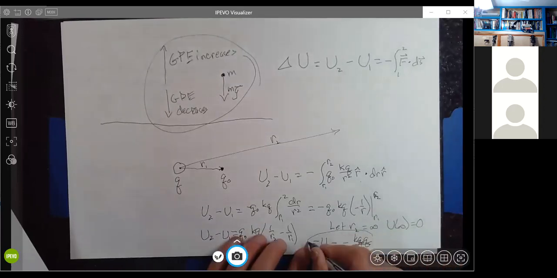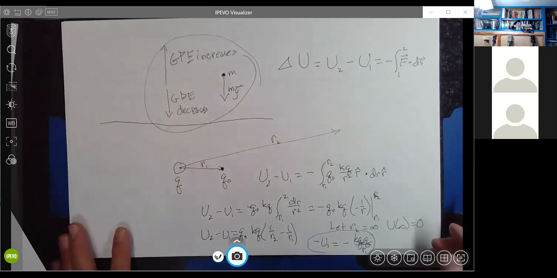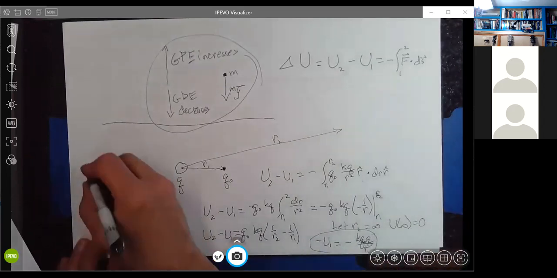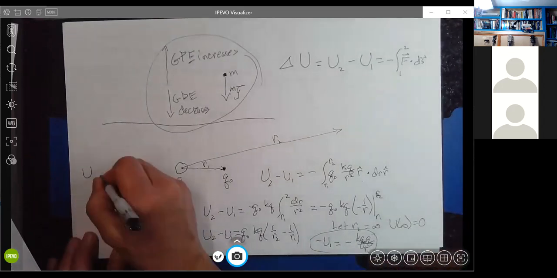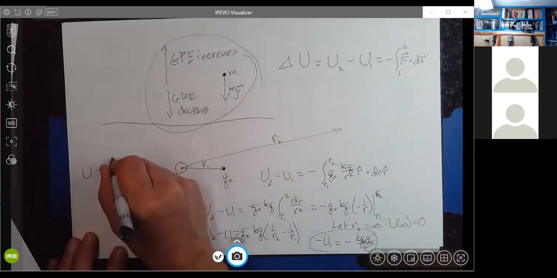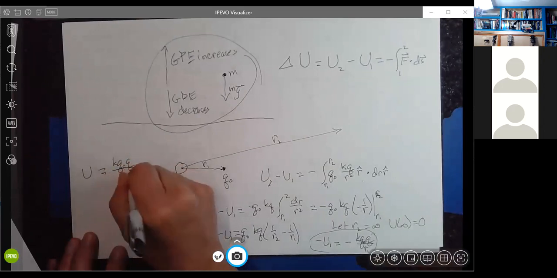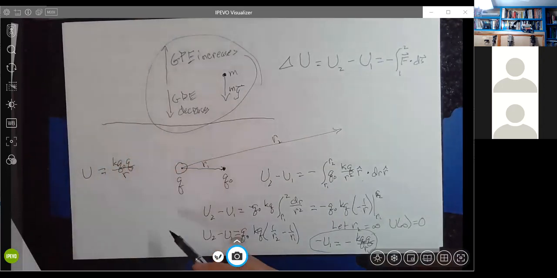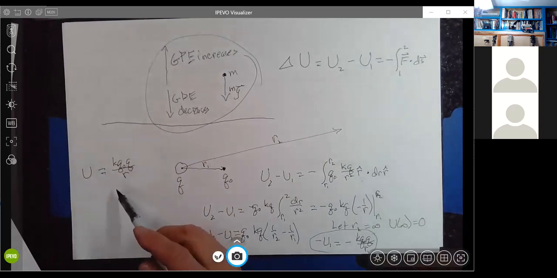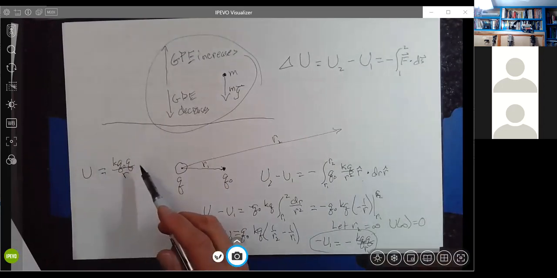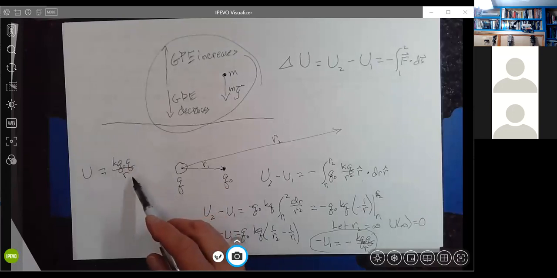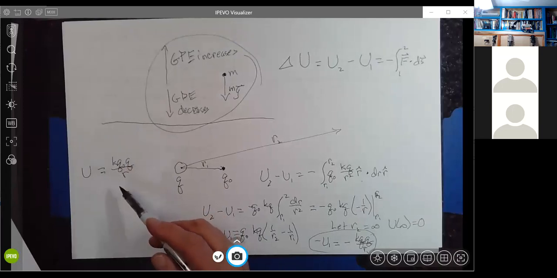Since there's a minus sign on both sides, I can get rid of that. For two point charges, the potential energy is just k Q naught Q over R. That's a fairly simple expression. It's different from the electric field. It's not a vector for one thing. It's a scalar, and it's only got an R down there on the bottom.